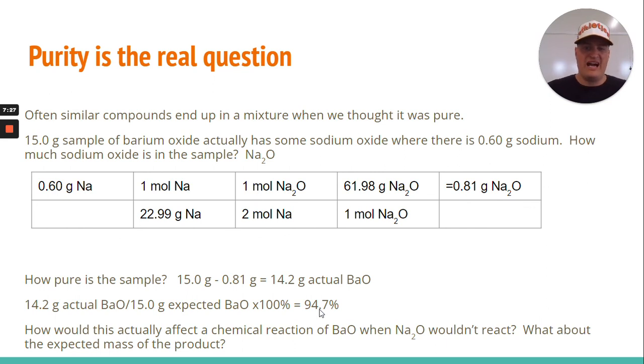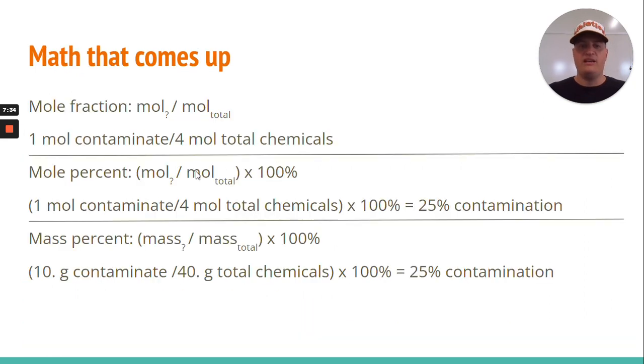Because with a mole percent, I'm not sure exactly what that would deliver for you. But again, if they ask about it, you need to be able to do it. But again, percents are just our unknown divided by our total, whether it's a fraction or a percent times 100. It's really math that you should be pretty familiar with based upon being in the course and taking math aplenty.